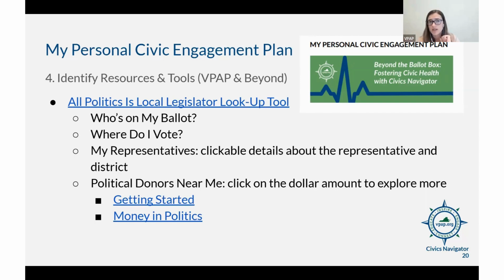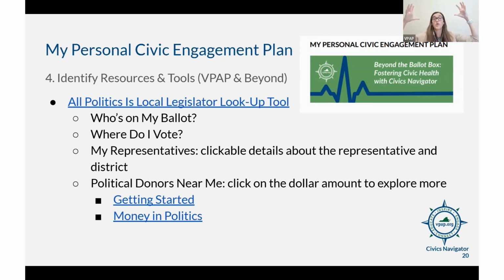You can look more at the context of your district, and historically, has your district been Republican leaning, Democratic leaning? Why not? You could look at how your district has changed over time with redistricting in the fairly recent past. You can see who has donated to your representatives.